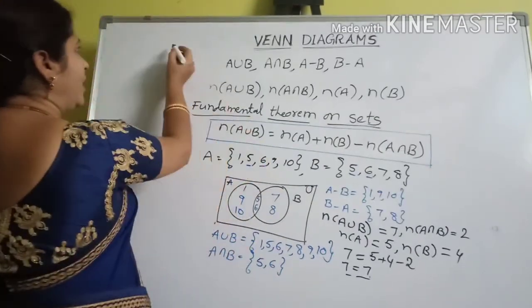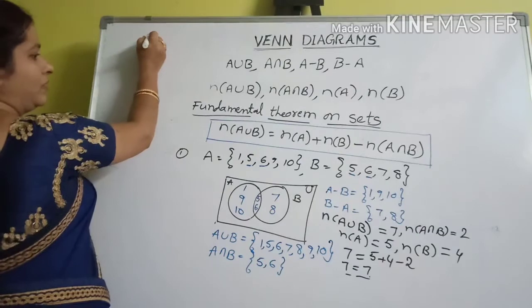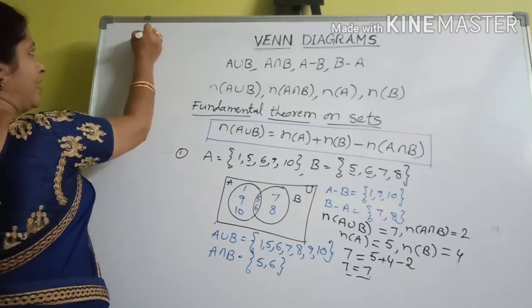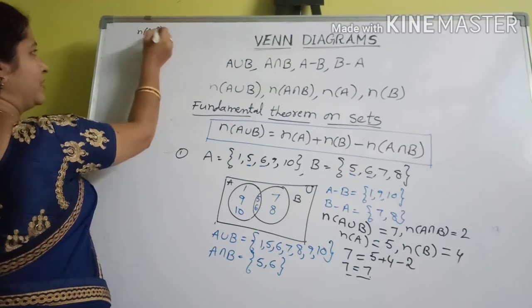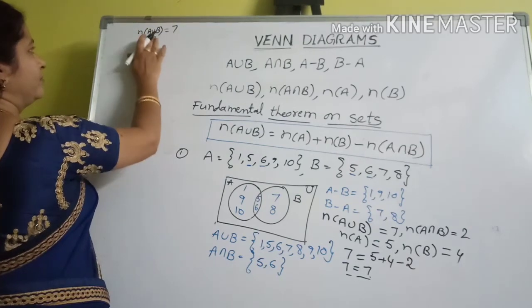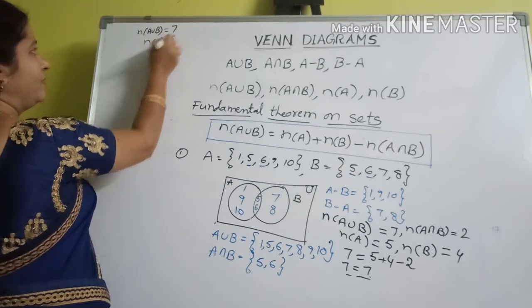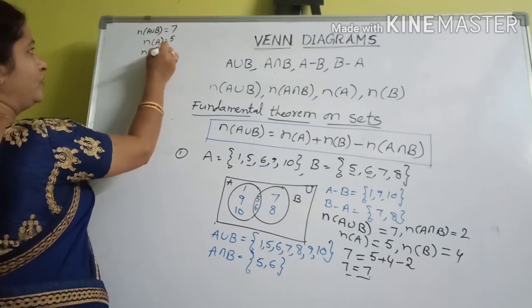Suppose given N of A union B equal to 7, N of A equal to 5, N of B equal to 4.